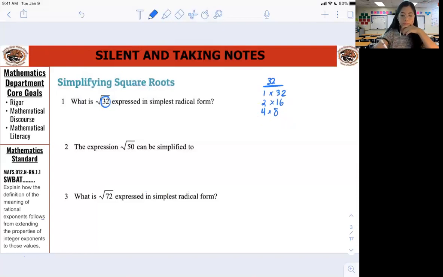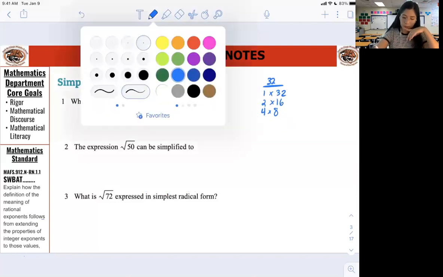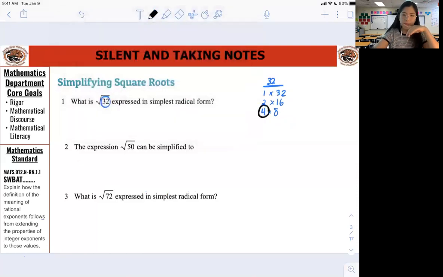Well, the 4 is a perfect square. Anything else? The 16. 16 is a perfect square. Now, remember what that means: the square root of each of those numbers is a whole number. That doesn't work out for 2 or 32 or 8. So those are my perfect squares.